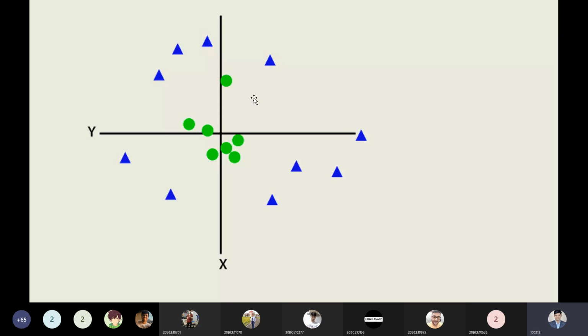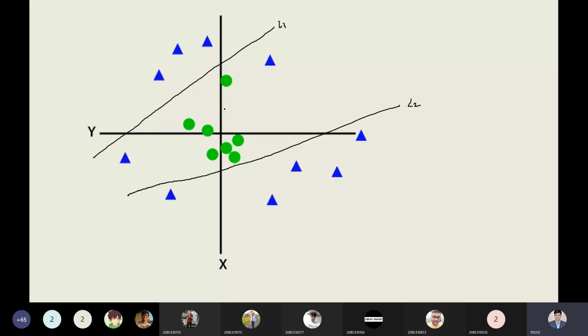Yes, tell me. Is it possible or not? Okay. According to you, just look at this. Can you use this line L1? Data is not separable because blue triangles are coming into the red square part. If you want to use this one, you can use line 2.